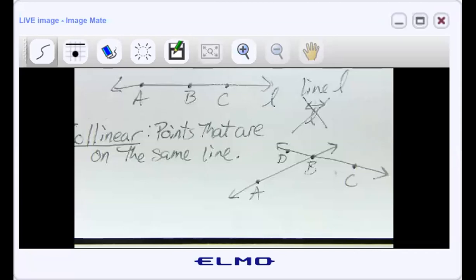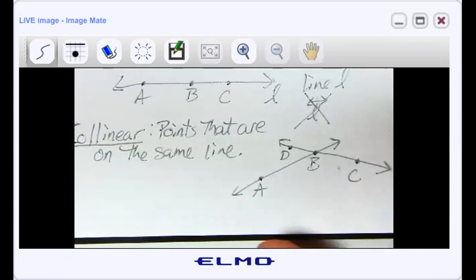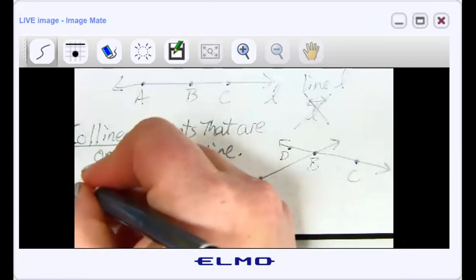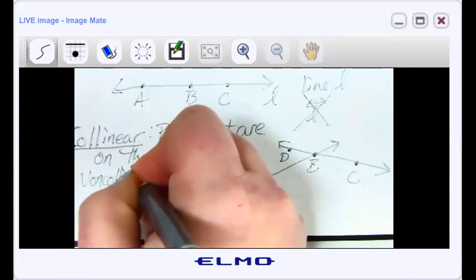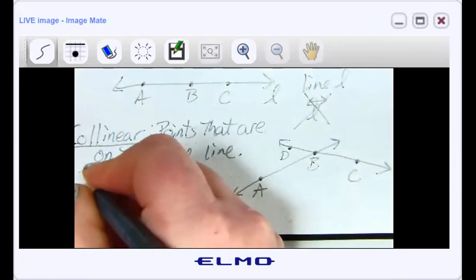How about points A, B, and C? Are A, B, and C collinear? No, they are not. In fact, we do have a word for that. We can just say non-collinear. Non-collinear would be points not on the same line.